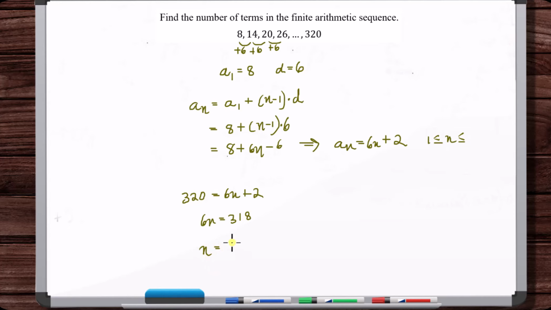So n is equal to 318 divided by 6, which is 53. There are 53 terms in this sequence.